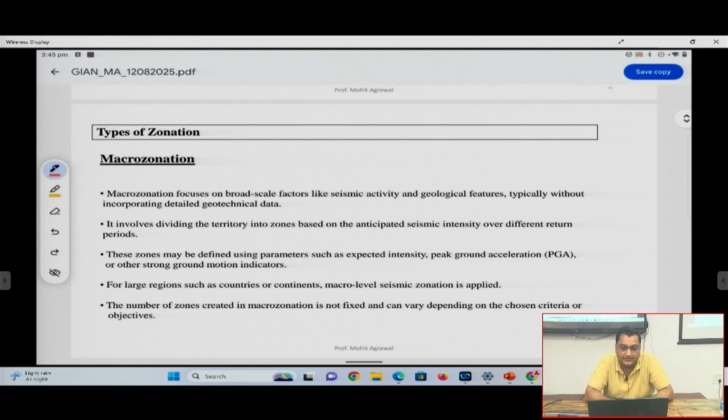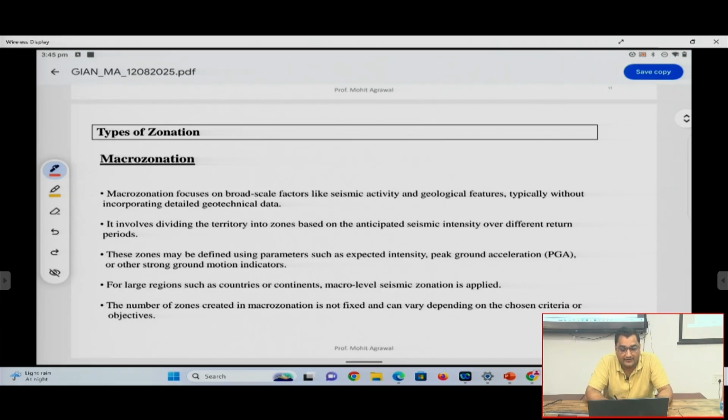So macro zonation is basically done at a broader scale, at the continent level, at the country level. Okay, in this particular zonation, you take into account the seismic activity and geological features, and you do not incorporate much of the geotechnical data. So macro zonation is a simpler kind of zonation where you are just taking into account the broader features like the seismicity of the area, or maybe the geological features.